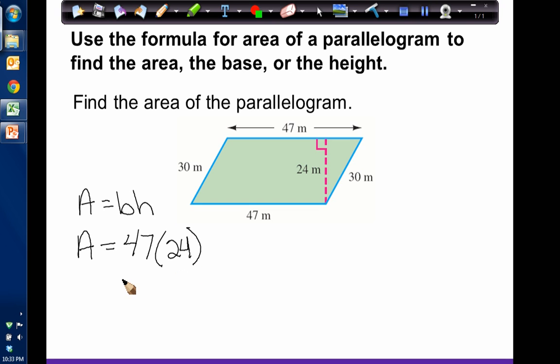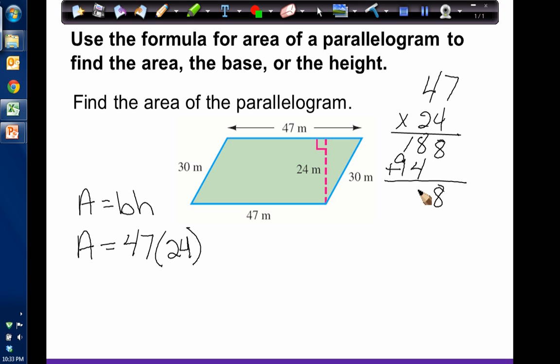So 47 times 24: 4 times 7 is 28, 4 times 4 is 16, and 2 times 7 is 14, and 2 times 4 is 8, plus 1, add, and we get 1,128 square meters.